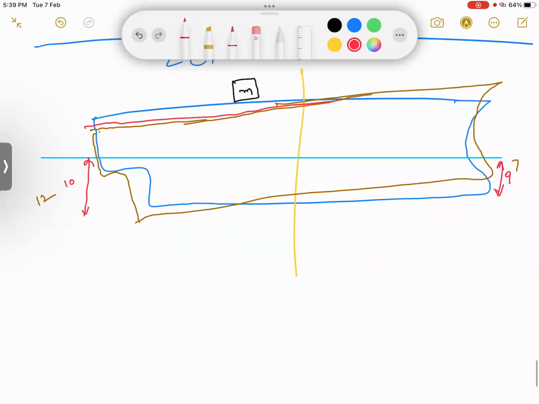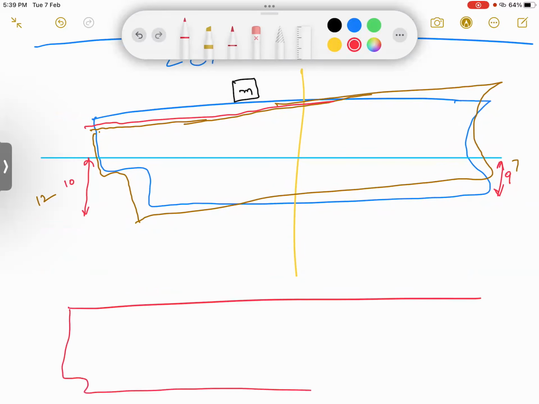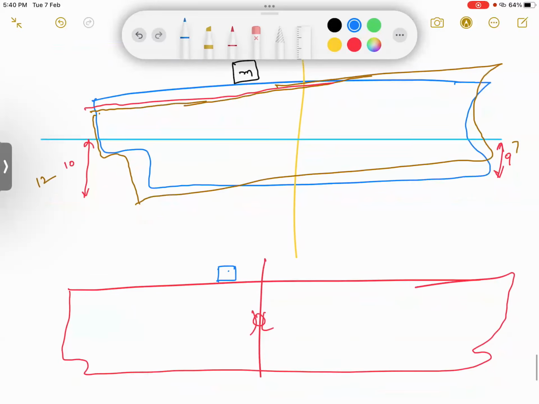Now let me ask, suppose this is the same vessel. Suppose I find a point, there is a point where there is the center point. This is midships, but this is not the center point. Let's say I find a point over here. If I load the vessel here, what is happening?